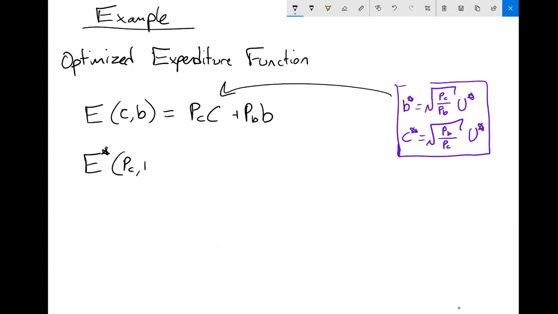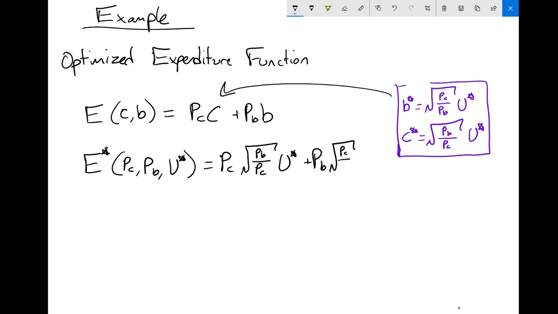That'll give it to me in terms of just the parameters. So we'll plug this back in. So it'll be PC times square root of PB divided by PC times U star plus PB times square root of PC divided by PB U star.